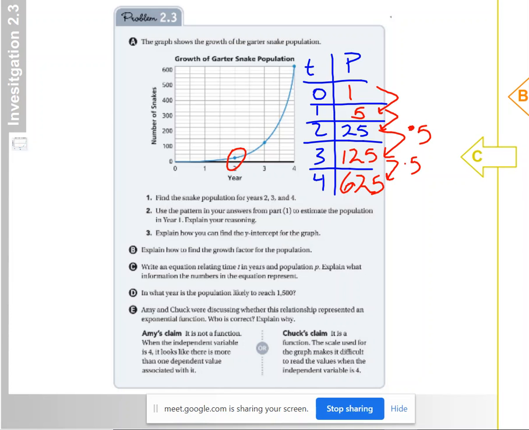Female. Why did it have to be a female snake? Because they reproduce. Well, what can we say about that female snake? That it lived by itself. Well, but can a female snake reproduce on its own?